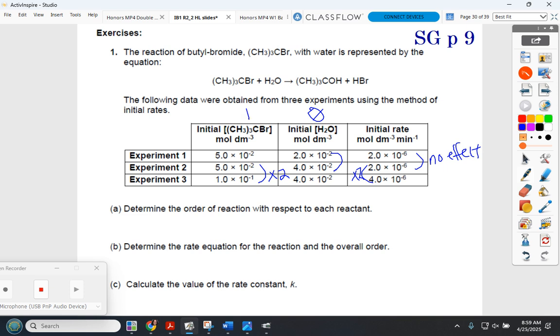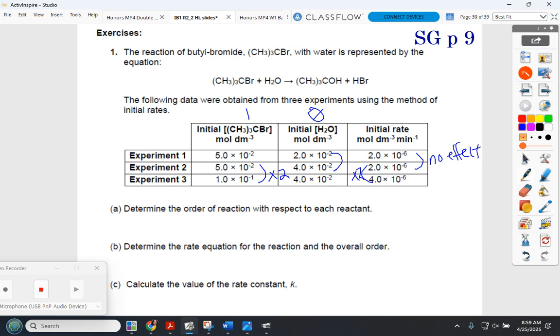Good. Yeah, so this is a typical table you're going to see for questions like this. 3 experiments. You've got to compare the ones where only one thing is changing at a time. So for the water, we're comparing experiment 1 and experiment 2. We're looking at the rate. There's no effect on the rate.